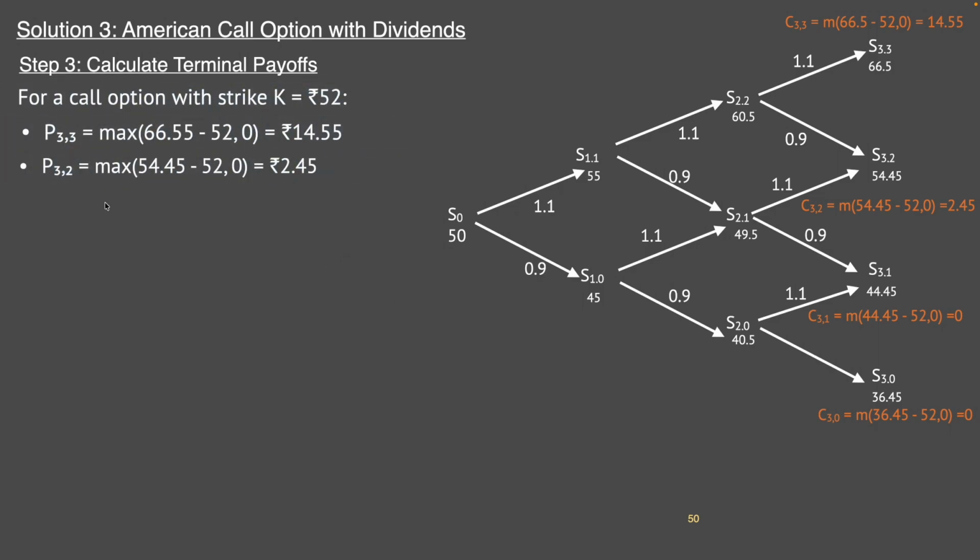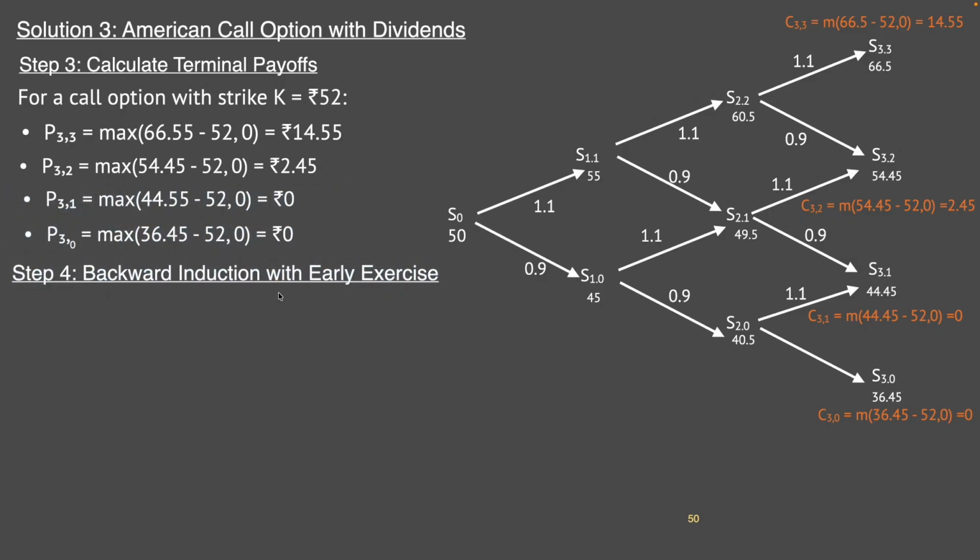This is what we have calculated here. Whatever I have explained here, I have shown the calculation as max of 66.5 minus 52, which is 14.5, and C32 is max of 54.45 minus 52, which is 2.45. Now we have to do the backward induction with early exercise.